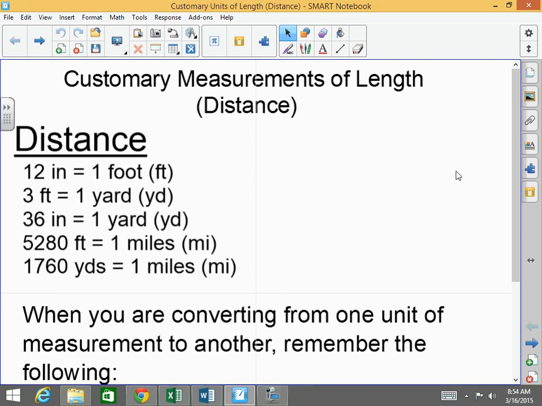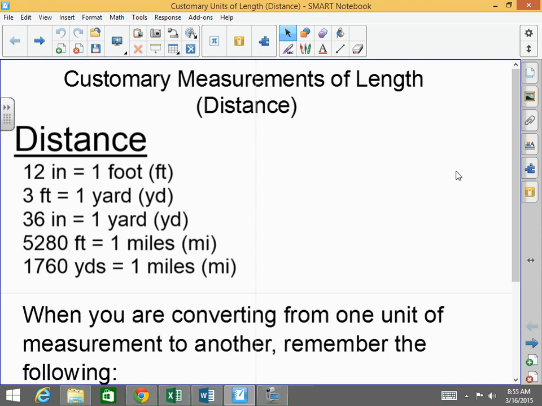Okay? So for distance, guys, unfortunately, you have to memorize. There's just no choice here. 12 inches equals 1 foot, and then I gave you the abbreviation of feet. 3 feet equals 1 yard. 36 inches equals 1 yard, because if 3 feet equals a yard, and there's 12 inches in every foot, 36 inches equals 1 yard.